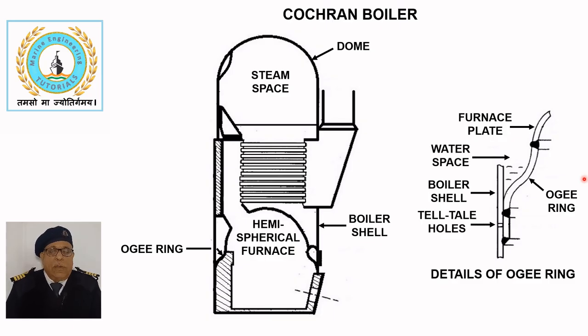As water circulation around the OG ring is poor, it is made of a thicker plate to provide a wastage allowance. Three telltale holes are provided to reveal leakage due to wastage of the OG ring. Handholes are provided around the OG ring for inspection and cleaning.